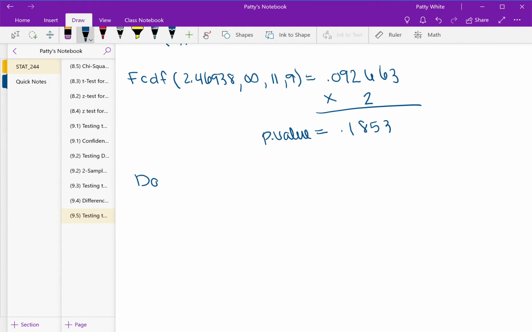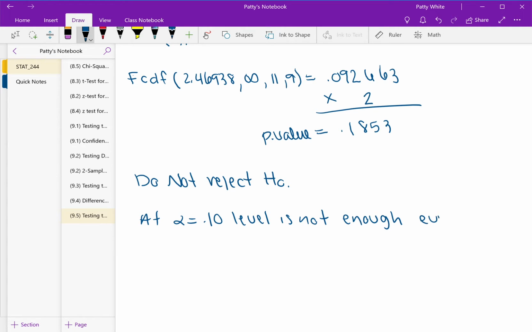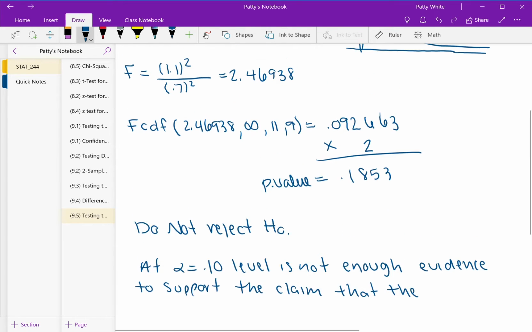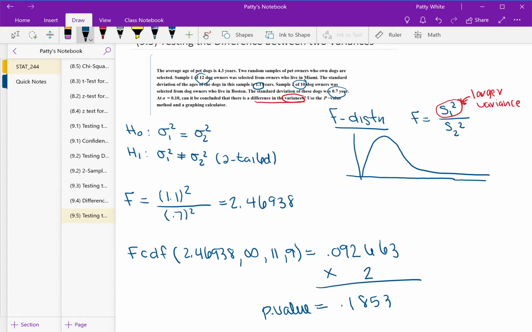do not reject H0, which means that at the alpha equals 0.1 level, there is not enough evidence to support the claim that the variances differ.